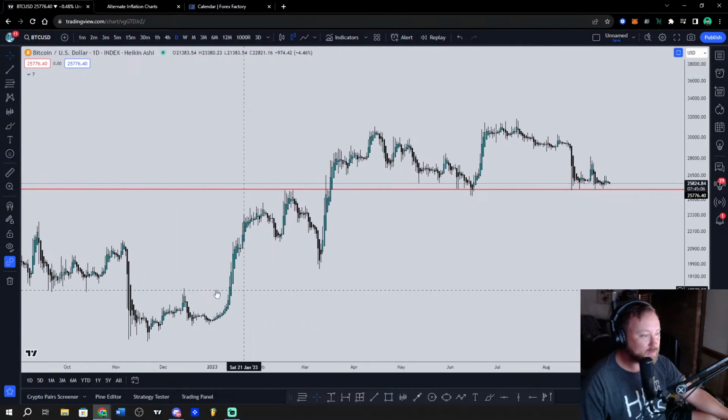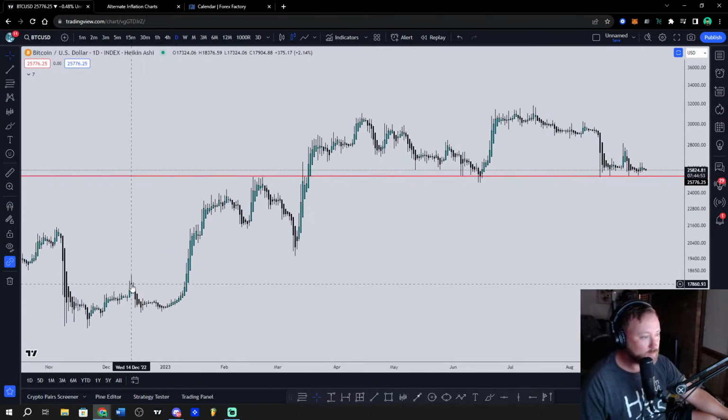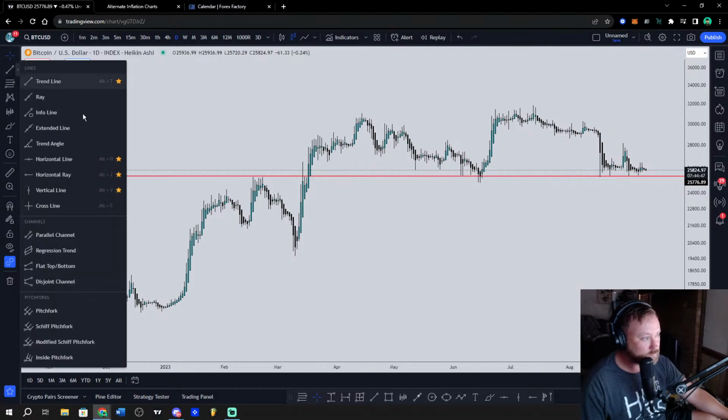Actually, I would start my spider line here. Or no, here. I did it on the past bear market. Well, I guess you could do that now. I forgot how to do it. It's the line that extends both ways, and then you connect lows to highs, if I remember. Probably got that wrong.